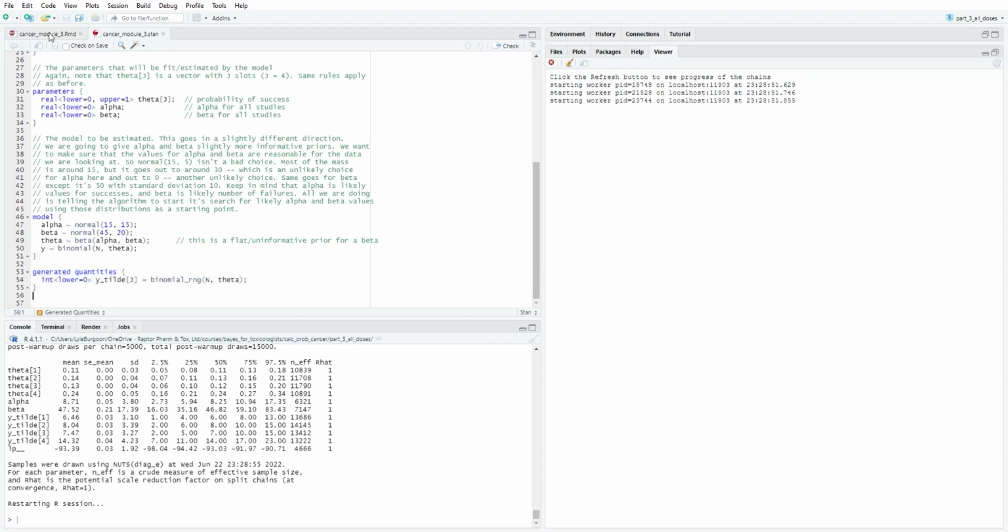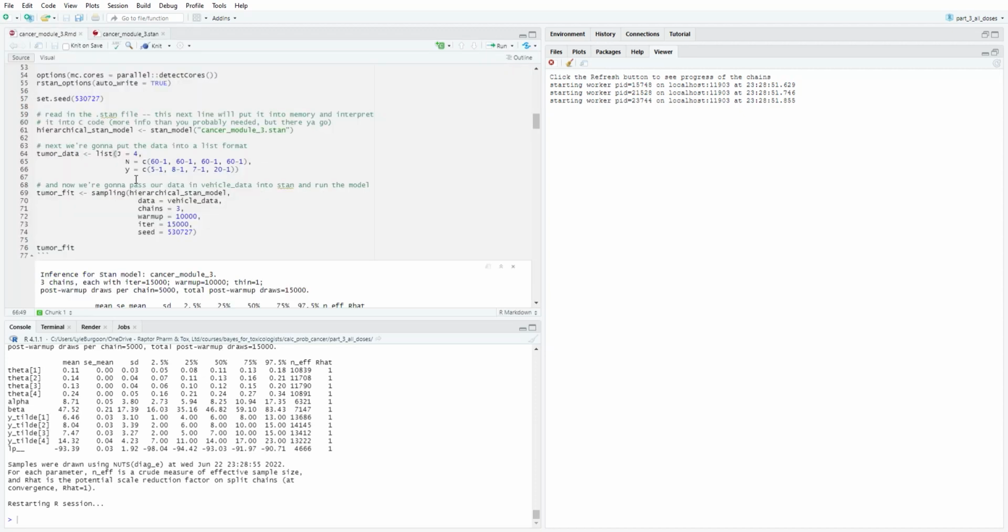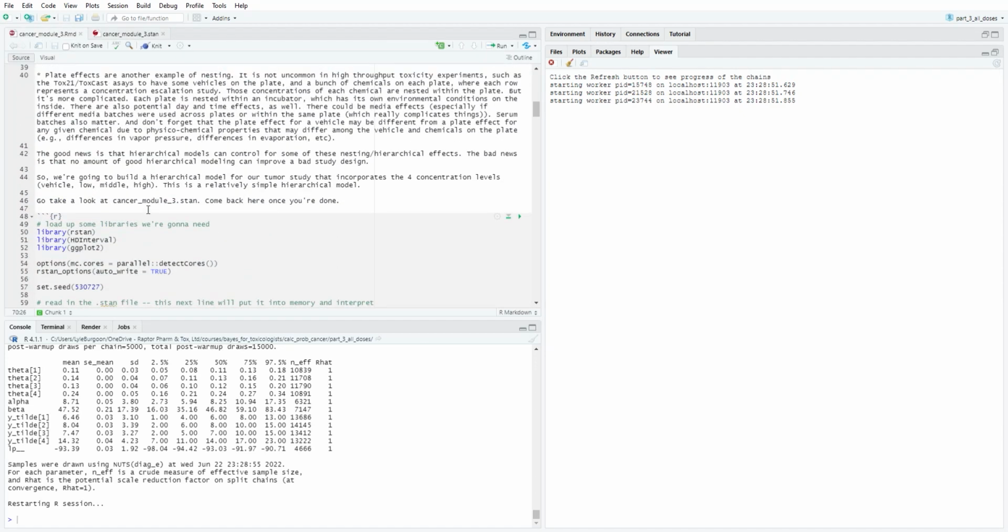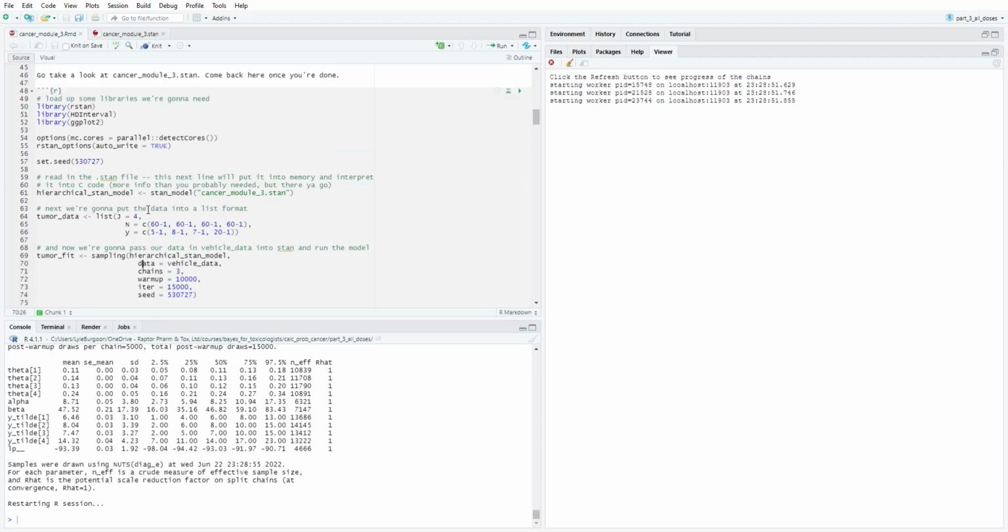So, having said all that, we are now going to run this. One of the differences you'll see between Module 3 and Module 2 is we don't need to have two different code blocks running the Stan models. We don't need one for vehicle and treated. We can use one. And I changed some of the names, so cancer module 3.stan, obviously.